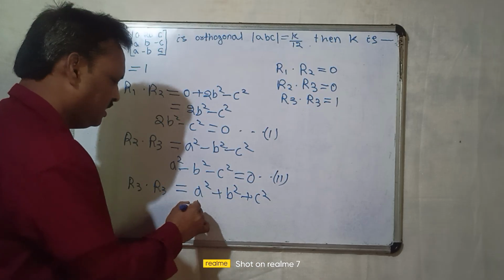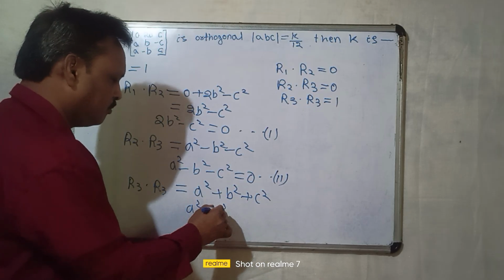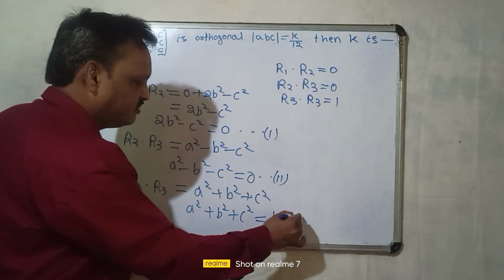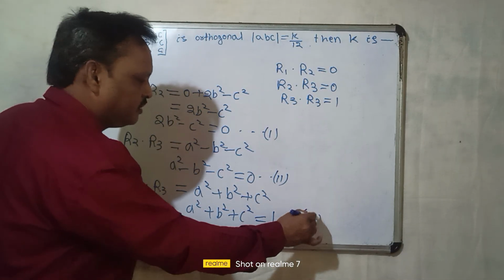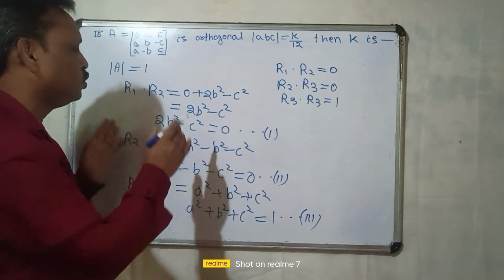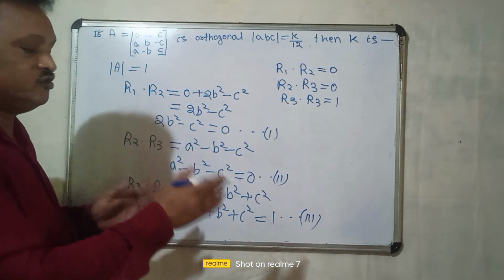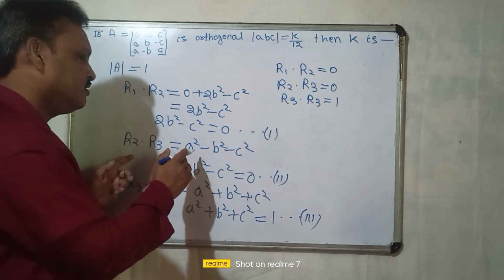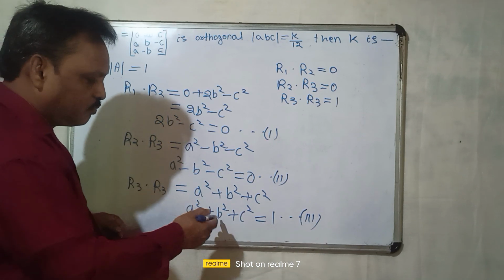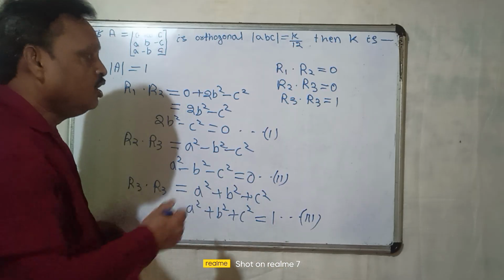So a square plus b square plus c square equal to 1. This is equation 3. Now we solve 2b square minus c square equal to 0, a square minus b square minus c square equal to 0, and a square plus b square plus c square equal to 1.